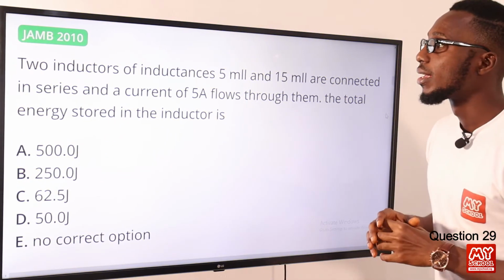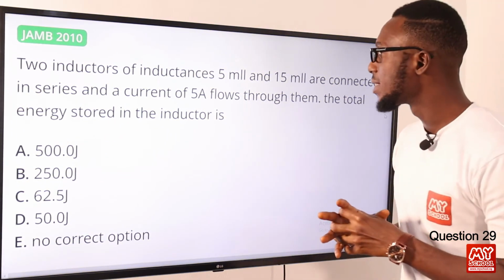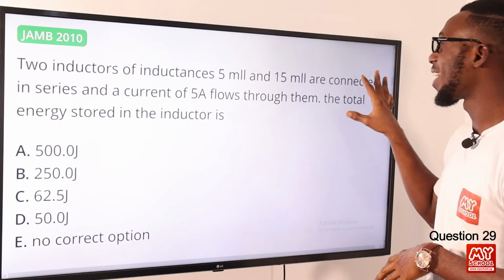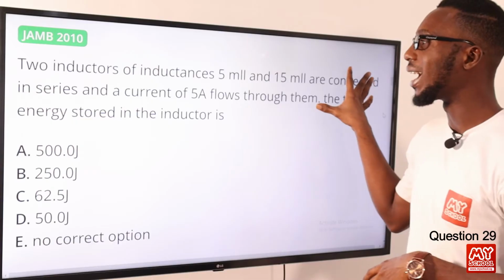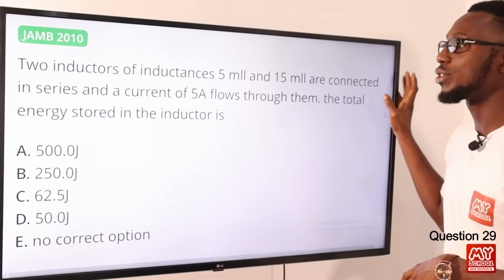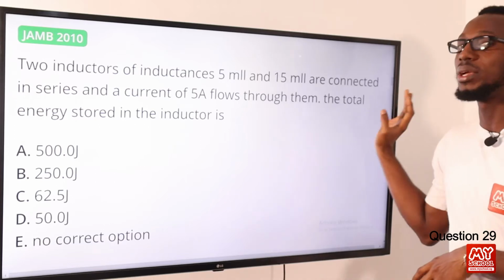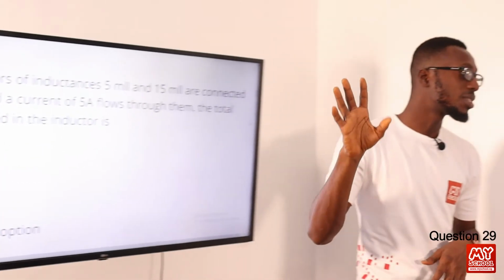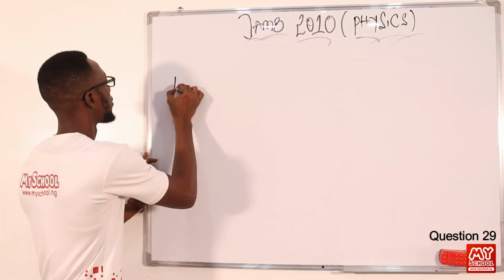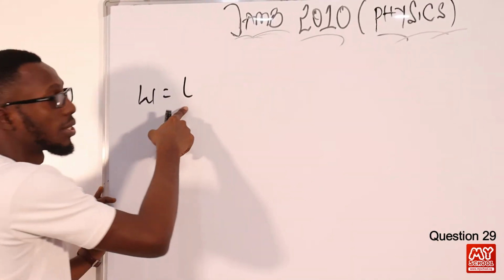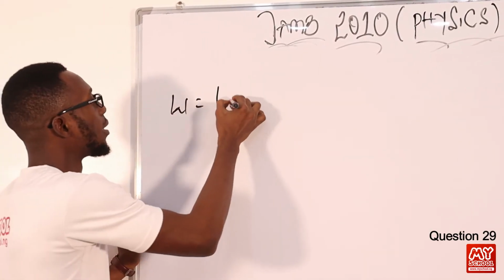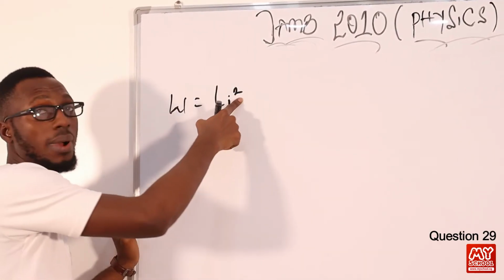Question 29. Two inductors of inductances 5 milli and 15 milli are connected in series and a current of 5 amperes flows through them. So the total energy stored in the inductor is what? You can use W to represent it, so W equals half times the inductance times the current raised to power 2.